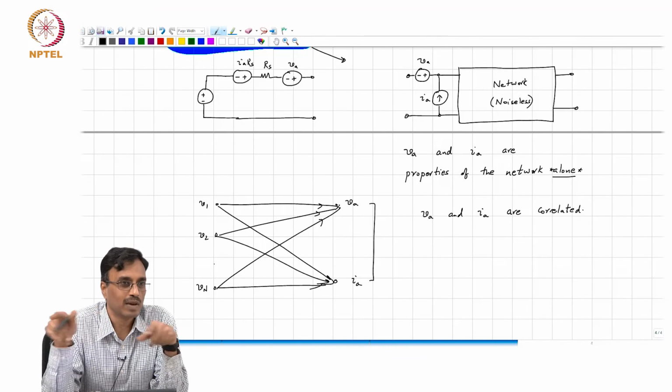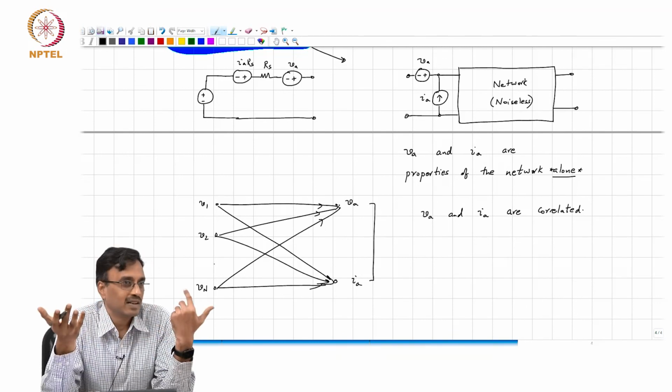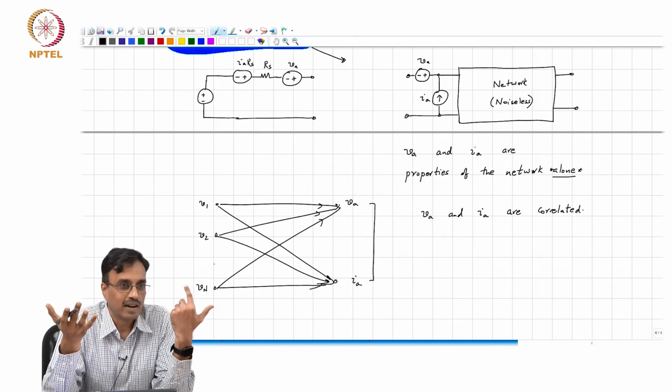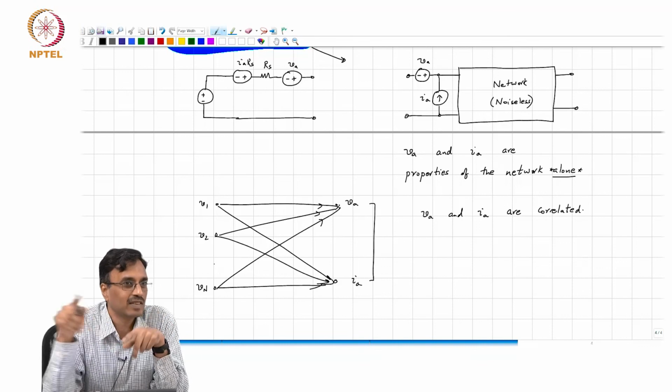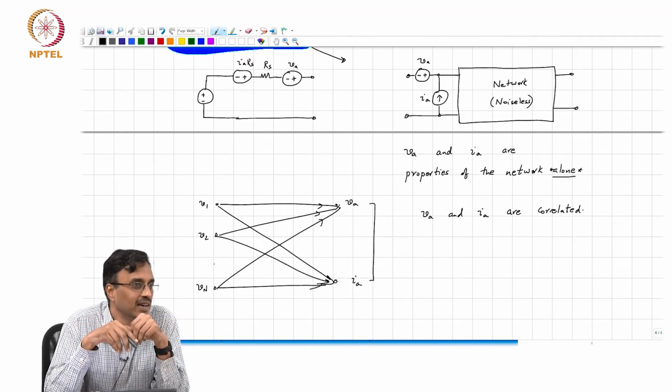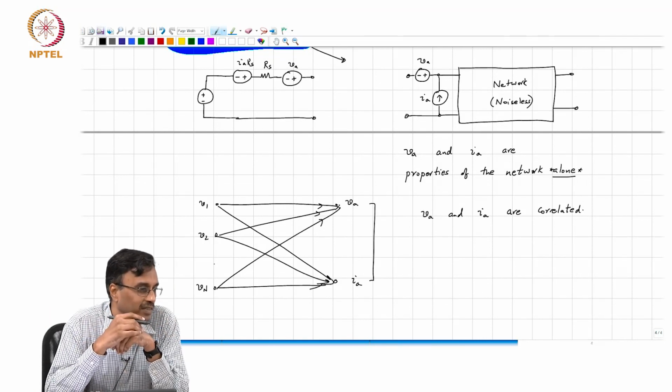So, you ask both neighbors, you are not going to get phenomenally new insight. If you ask his boss in the office and his neighbor, then each one is looking at an independent aspect of the person's performance. There also there will be correlation, because it is still the same person, but hopefully there will be lesser correlation. Okay.